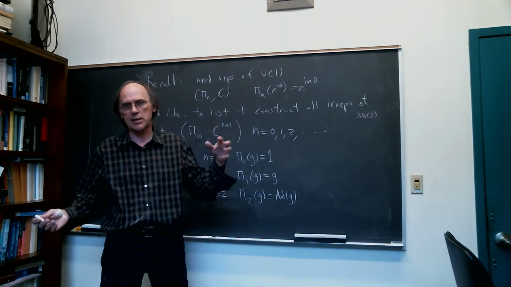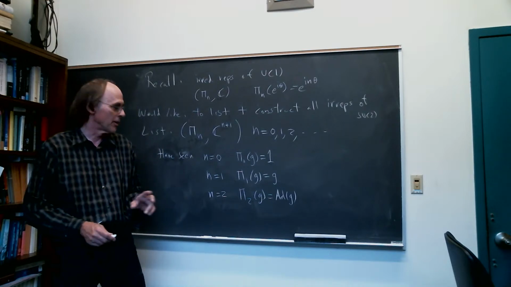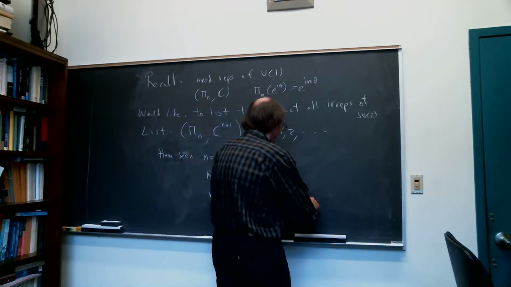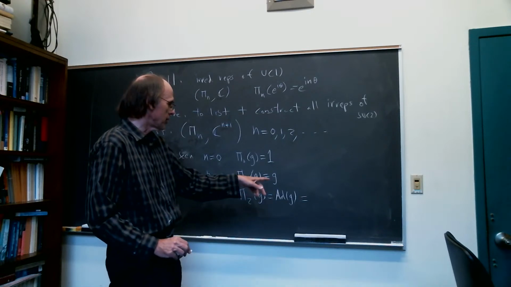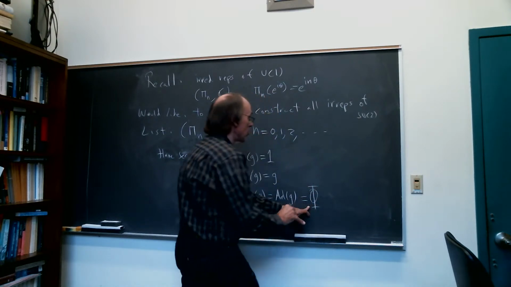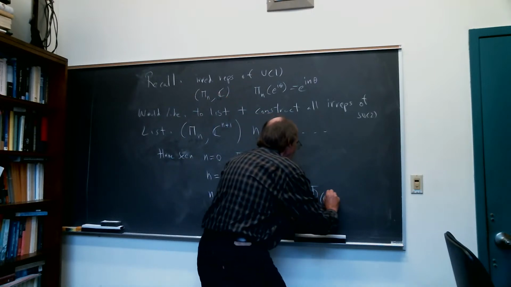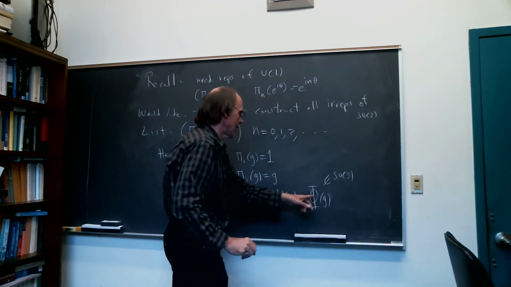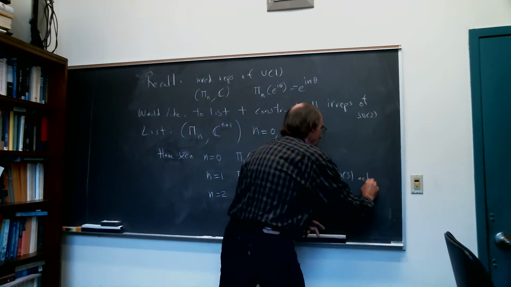You can make it act on C3 by taking complex linear combinations of real ones, but it's naturally defined on R3. And as a representation on R3, you can think of it as phi of g. Remember there's this homomorphism that takes SU2 to SO3, so this is an element of SO3, acting on R3.